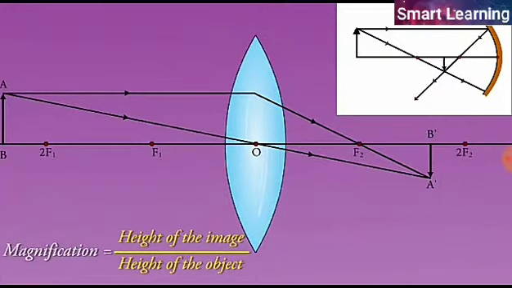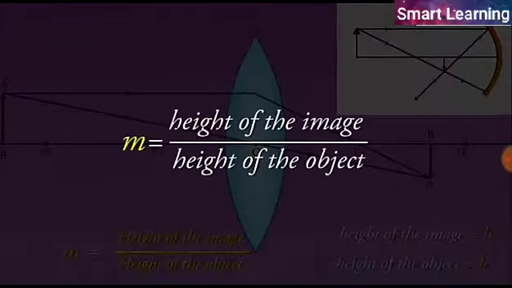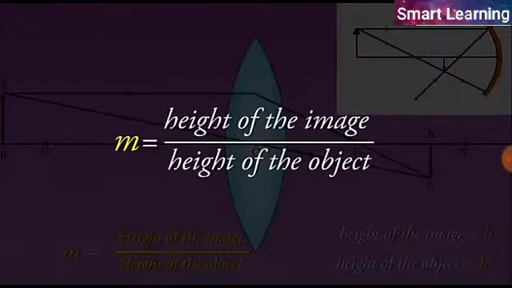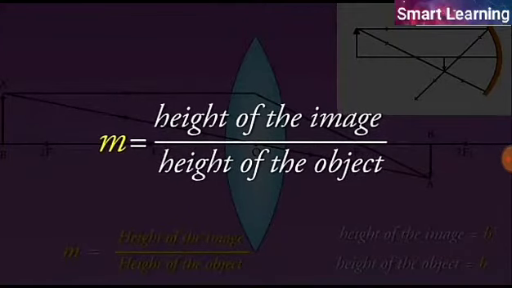It is represented by the letter m. If h is the height of the object and h dash is the height of the image given by a lens, then the magnification produced by the lens is given by m is equal to height of the image upon height of the object is equal to h dash upon h.